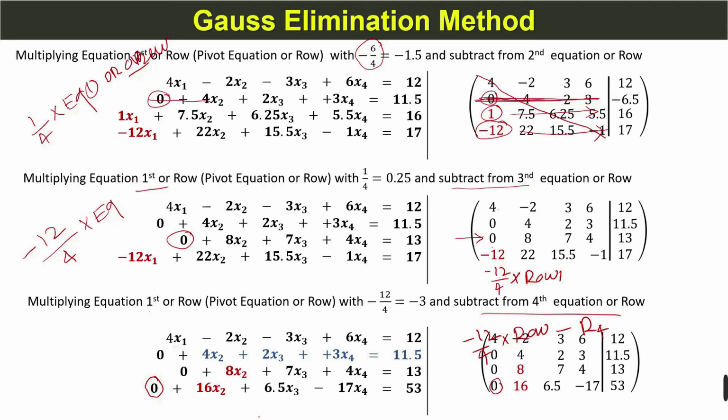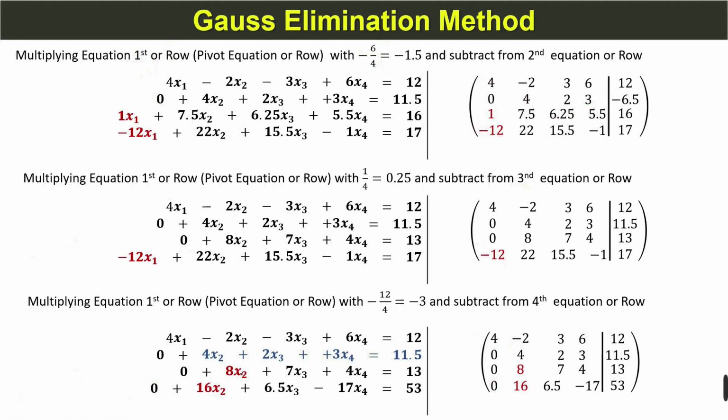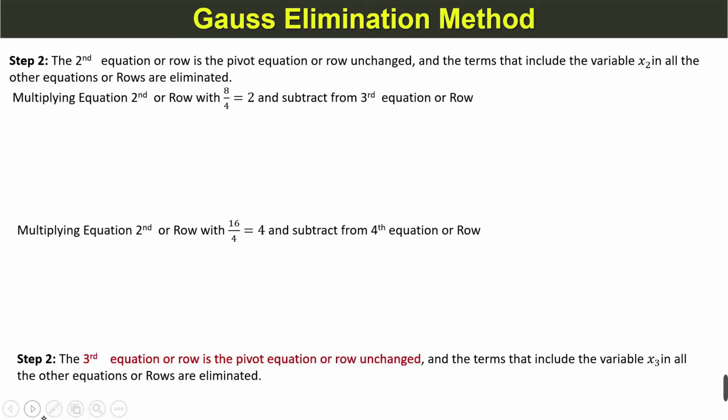In the next step, step 2, we will eliminate all those terms that include the variable x2 except in equation 1 and equation 2. Now we eliminate these elements. In step 2, the second equation or row is the pivot equation or row and is unchanged, and the terms that include the variable x2 in all the other equations or rows are eliminated.